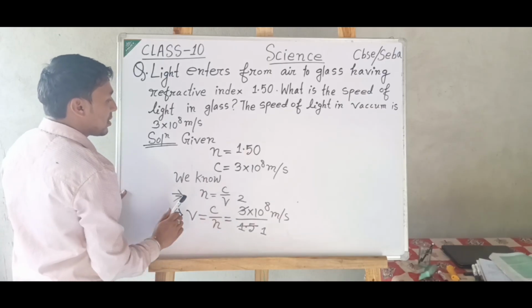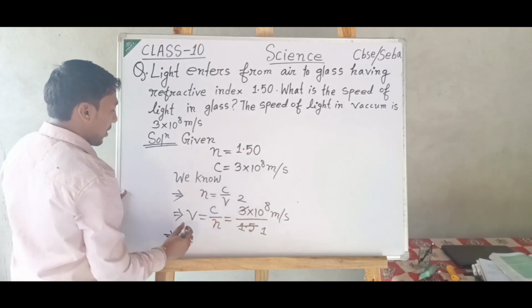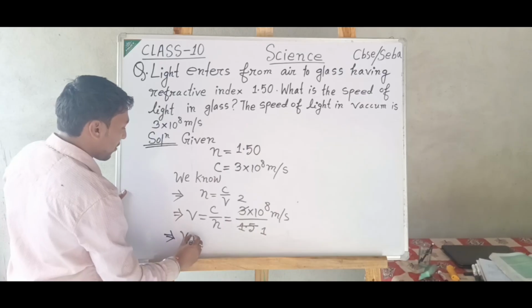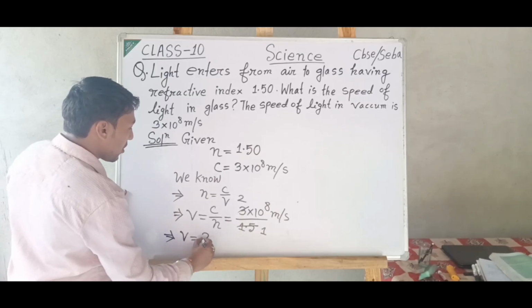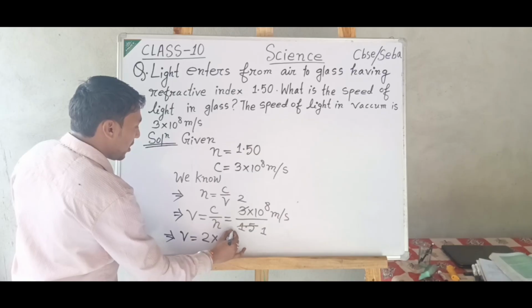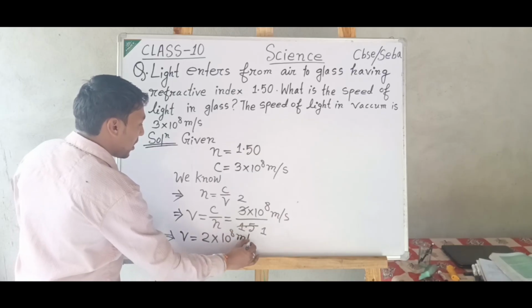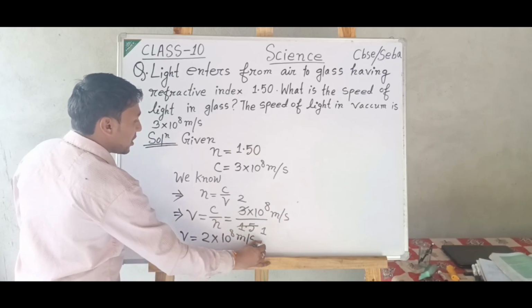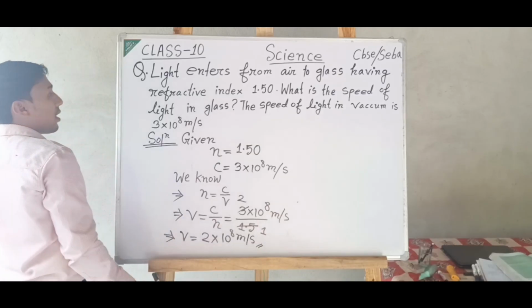So after cancelling this, just write this value in multiply form. V equal to 2 into 10 to the power 8 meter per second. This is the speed of light in glass.